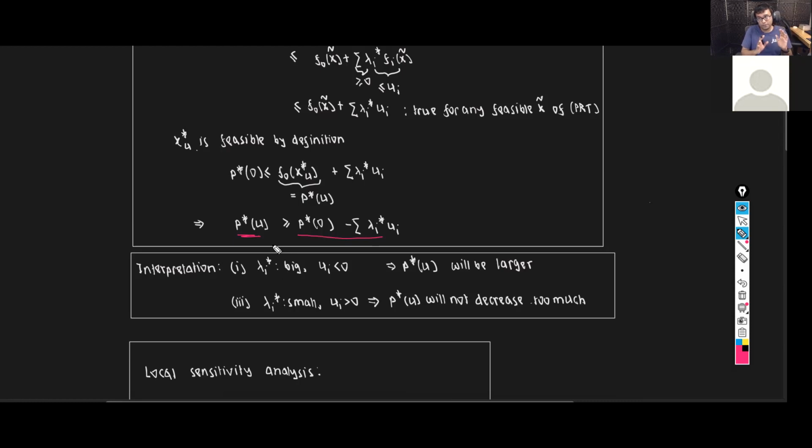Suppose we solve the primal without any perturbation. We find the dual multiplier, and for a specific constraint, we find that lambda_i star is big, like a large positive number, like 10,000 or something like that. And then the inequality constraint corresponding to that lambda_i gets perturbed in a way that the budget is tightened.